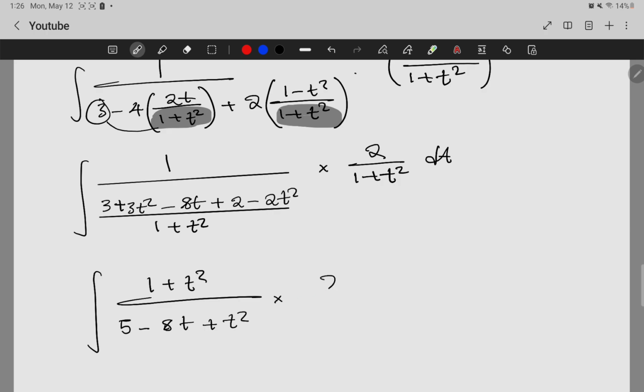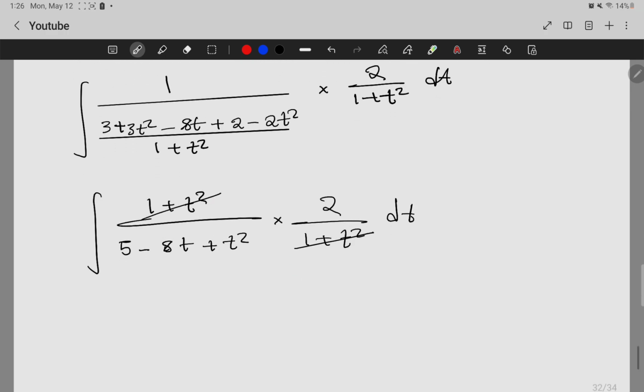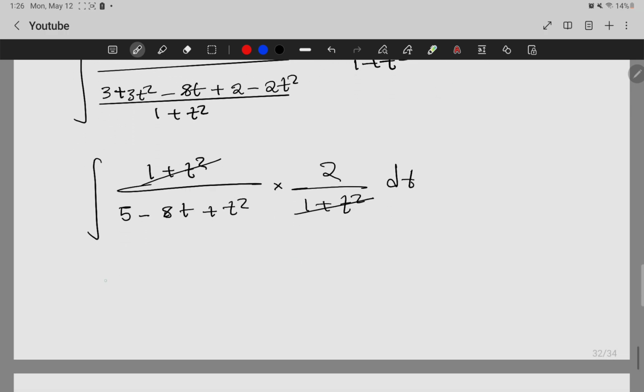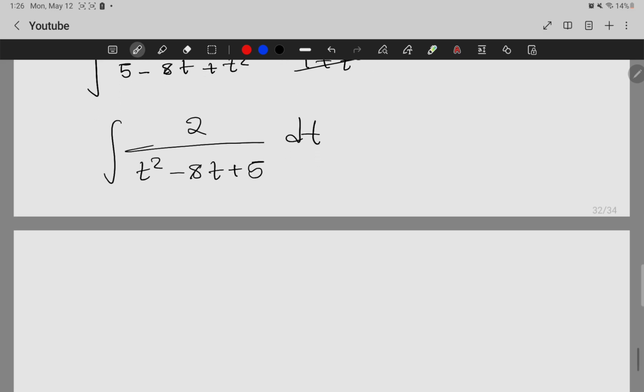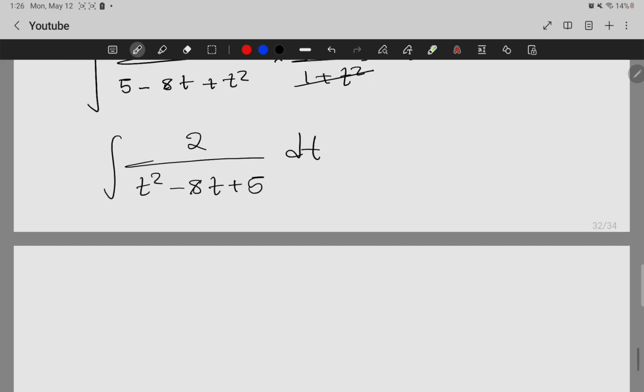Then multiplying by 2 over 1 plus t squared, this and this will cancel out. The 2 I can keep anyway. So I have 2 over t squared minus 8t plus 5 dt. So this is what I have to now integrate.